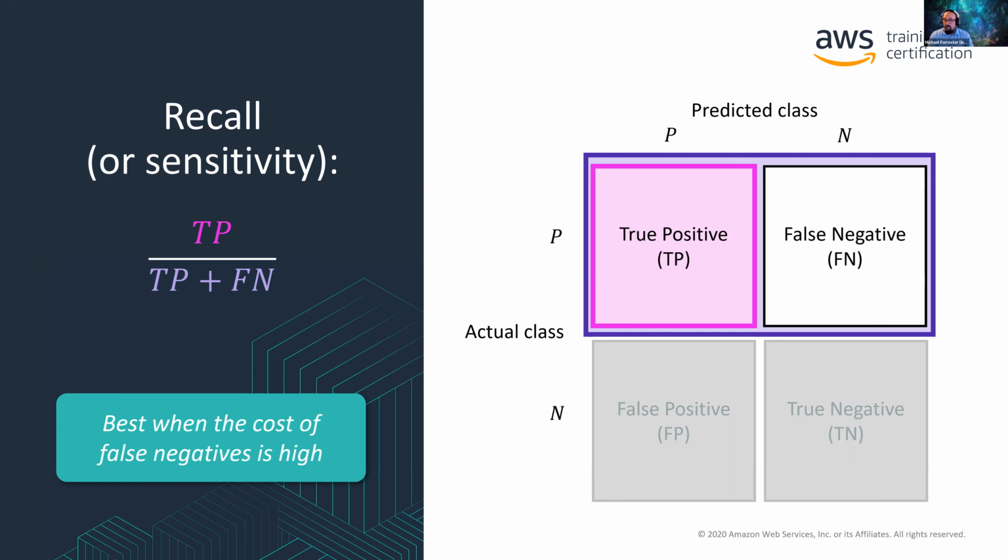So one emphasizes whether you got it right, and one emphasizes whether you got it wrong. That's why, in a case like spam, if the cost of getting it wrong means you're going to lose access to something, you want to focus on precision, not recall. If the cost of getting it wrong is higher, like false negatives, not predicting something as being true, then you're going to emphasize recall.